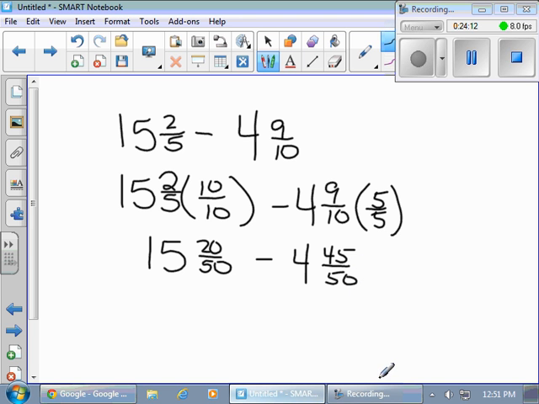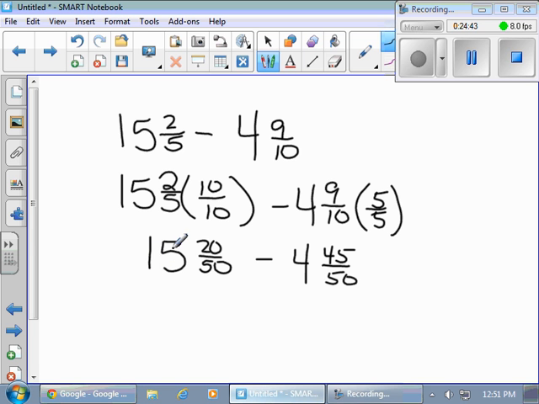Okay. Can I say 20 take away 45? No. If you have $20, can I borrow you 45? No, because you don't have enough. Okay, so 20 take away 45 does not work. So what did you do, Seth? Okay, you borrowed.